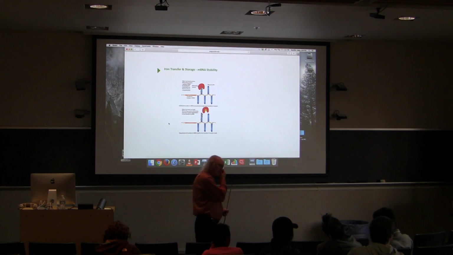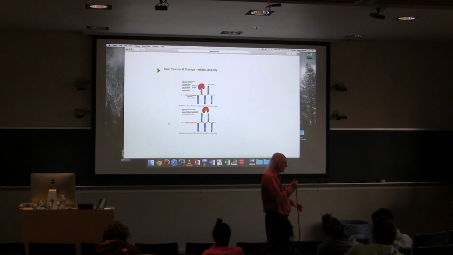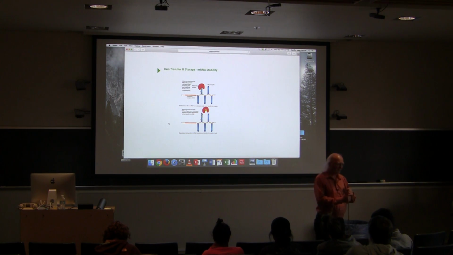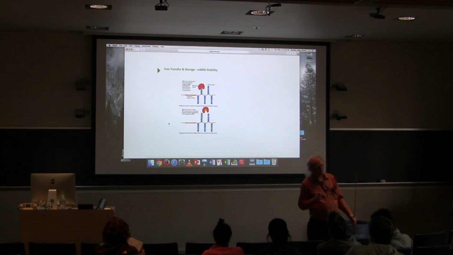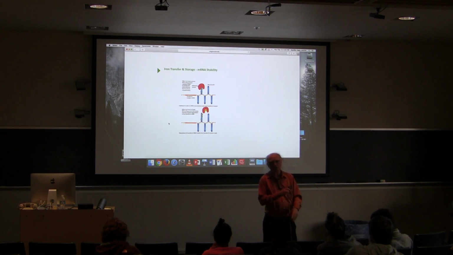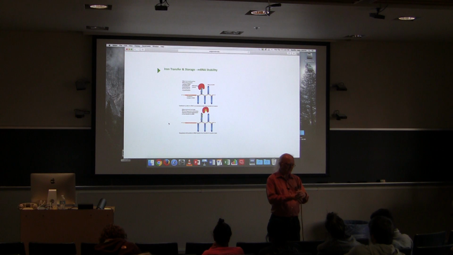Yes. Okay, this is relating to translation. The first step is the activation, the charging of the tRNAs. Is that just always happening? Good question. The question has to do with the charging of tRNAs by the aminoacyl tRNA synthetases.